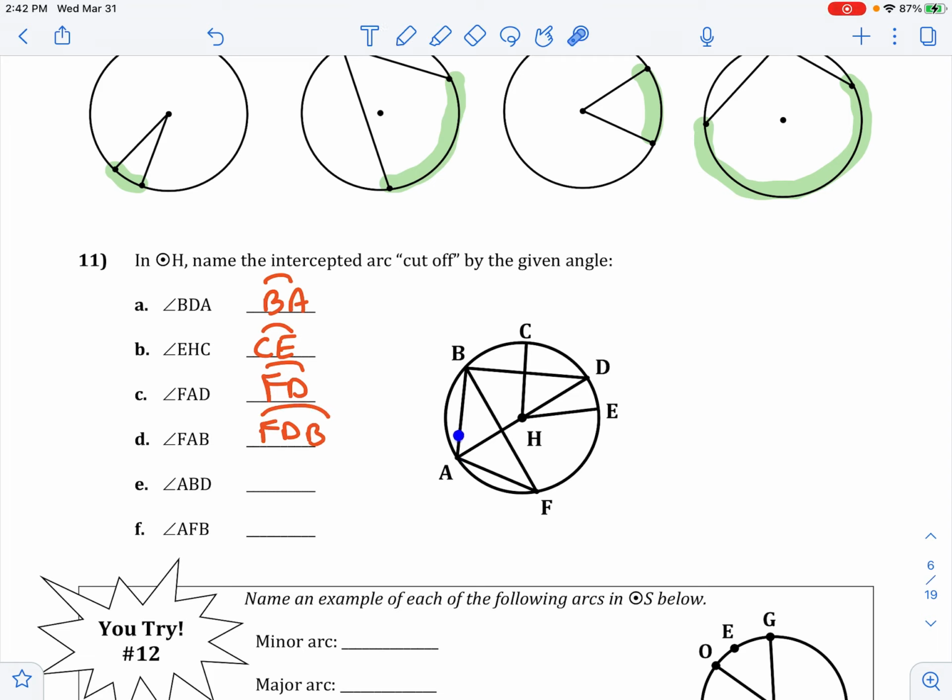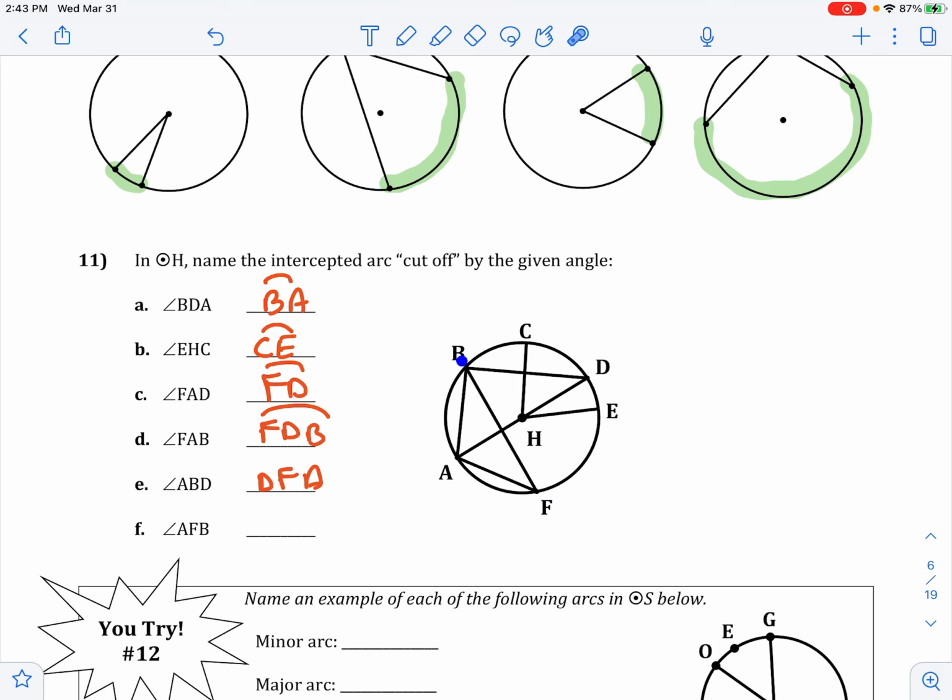Let's try ABD. That's this one here. It's another kind of big one. It's going to go from D to A, so I'm just going to use DFA. And AFB, let's look at that angle.